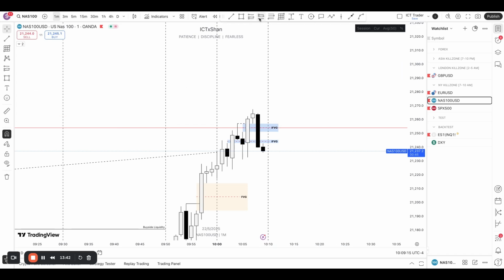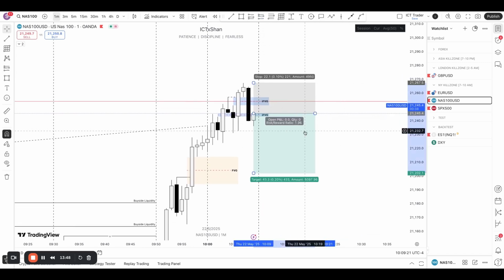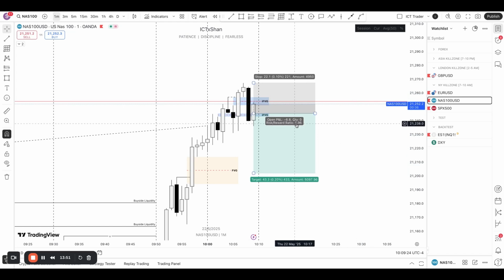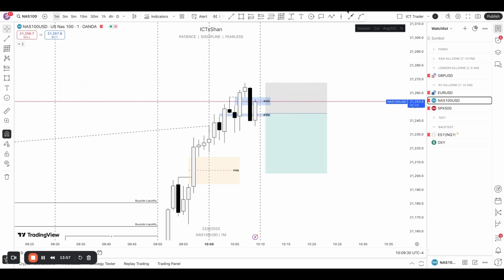We'll see. At this point, I'm anticipating that price can go lower after tapping the high power gap. Yes, that's it.